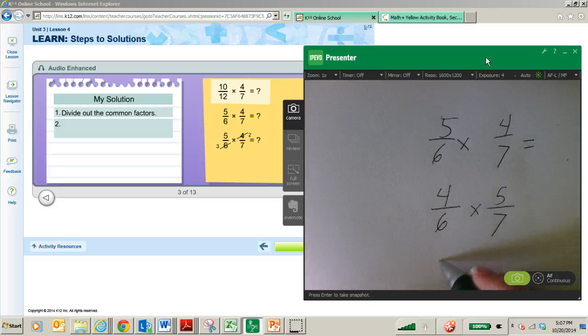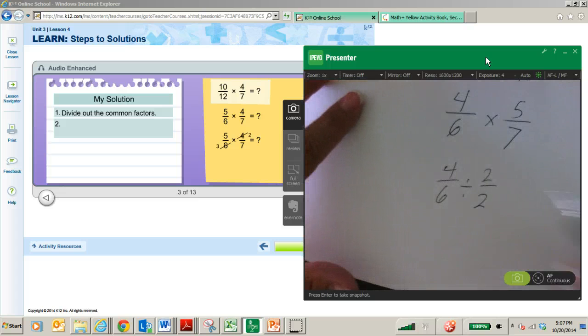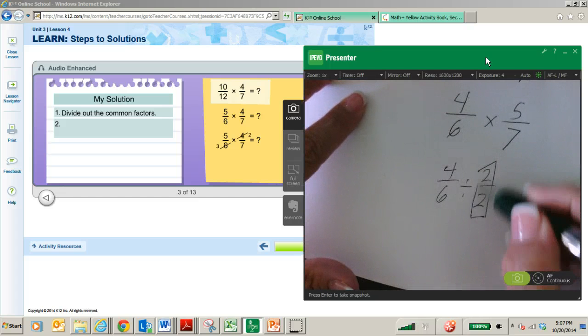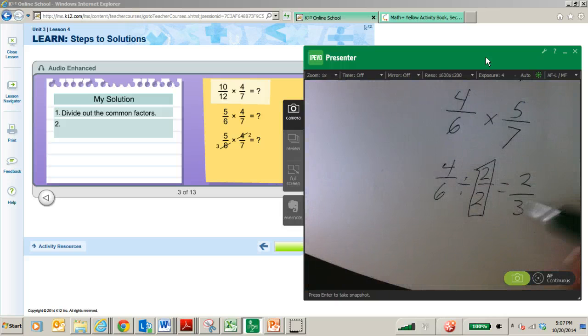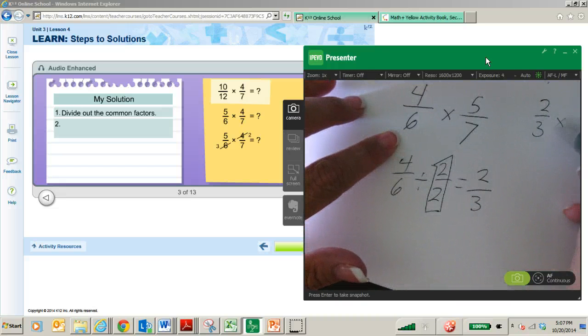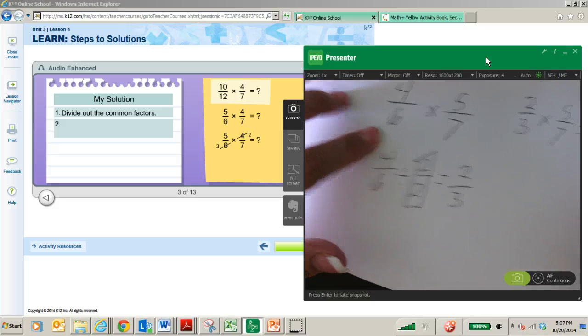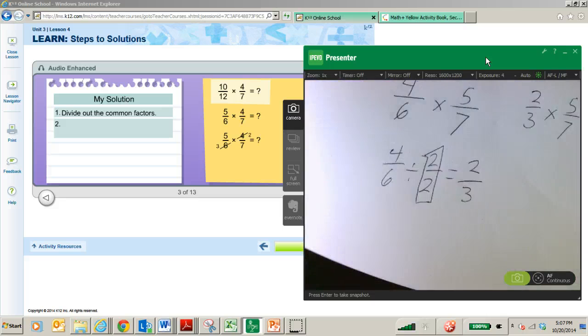So I know if I took 4/6 and I divide by 2 and divide by 2, or an equivalent to 1, I end up with 2/3. So I could take that 2/3 and multiply by 5/7 and end up with 10 over 21.